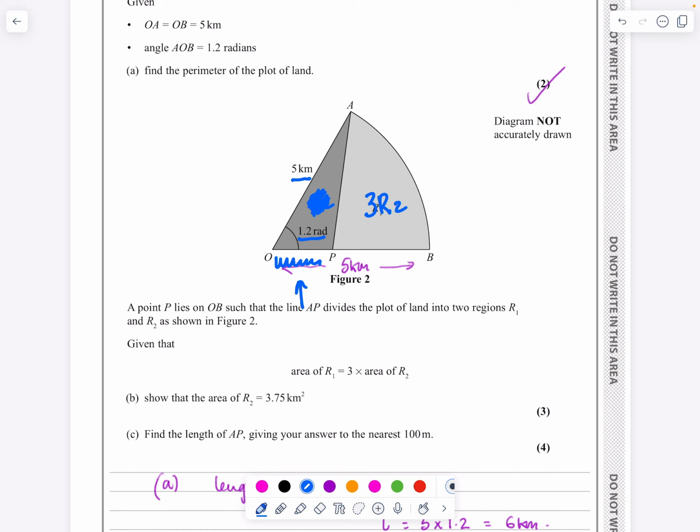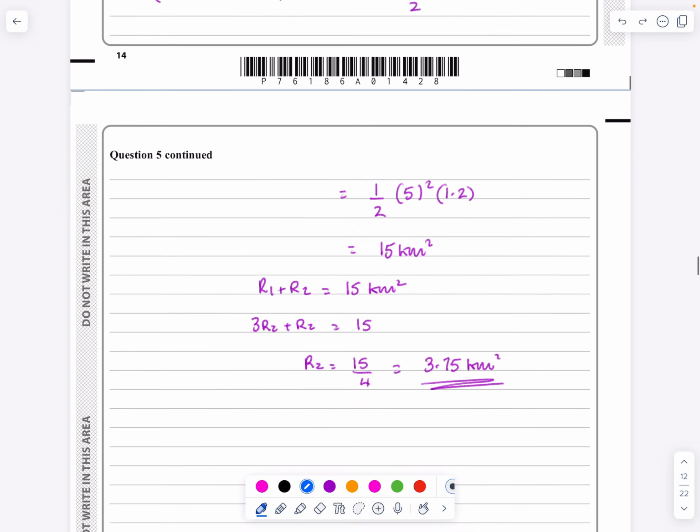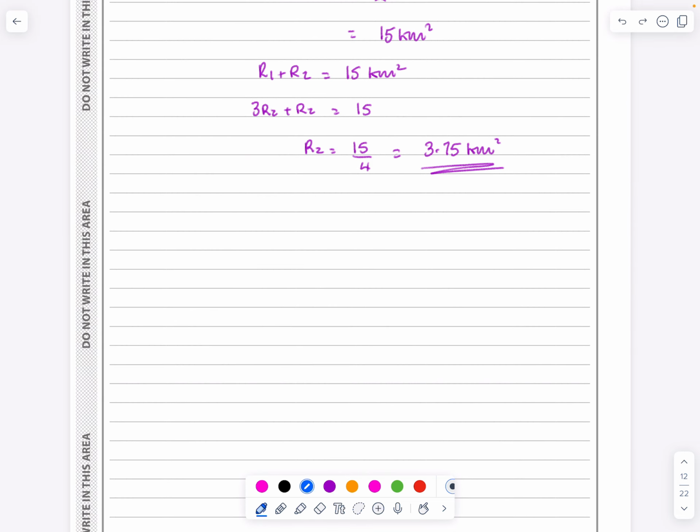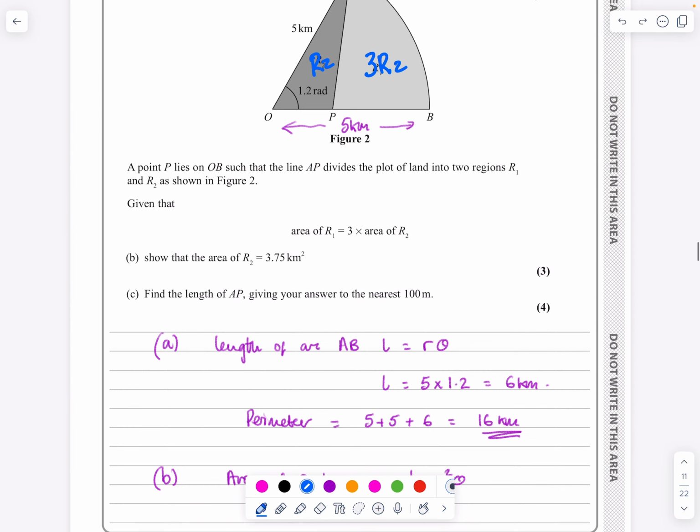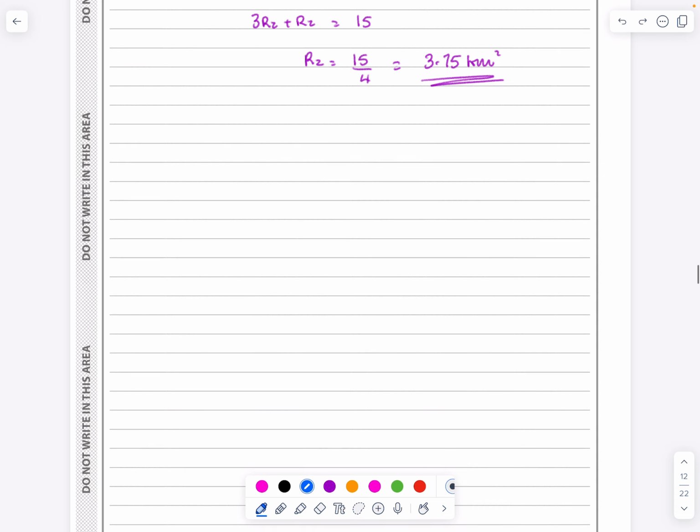Let's explain it to the examiner at the same stage. I'll make it clearer to you what I'm talking about there. So for this, what part is it? This is part C. So part C, I'm going to say, first of all, I know the area of the triangle. Area of triangle OAP, we know that's equal to 3.75. That's what we just worked out.